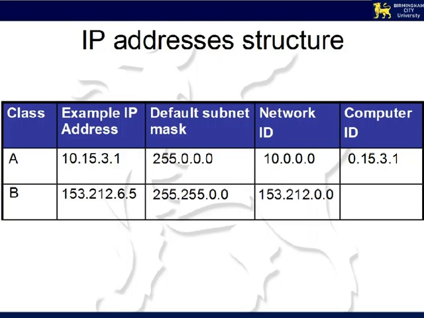So again, using the same method, we can see that because the first two octets of the subnet mask contain 255, we look for the network address at the first two octets of the IP address. So the network address will be 153.212.0.0. This leaves the remaining part of the IP address, the 6.5, to form the host ID, as we can see here.